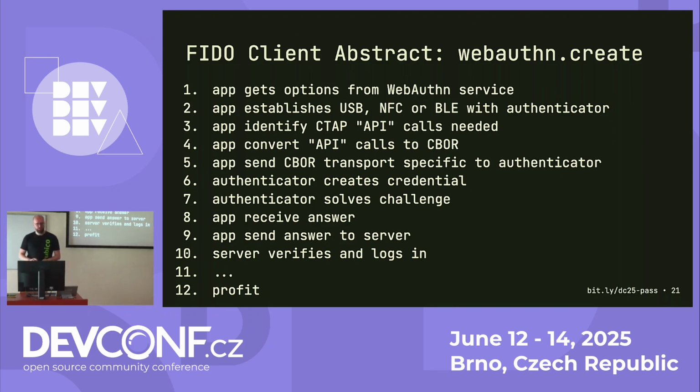BLE, you know. Then once we have this communication and the transport is there, we identify what we are actually wanting to do, right? So what is the CTAP API we want to use to communicate with the authenticator in order to create a credential. Once we have this one, we can now take this into CBOR.